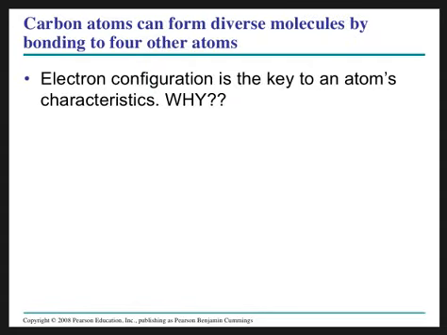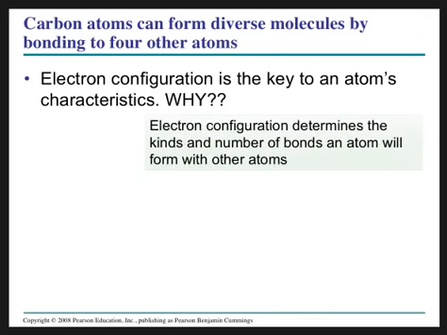So one of the really cool things about carbon that we have to learn is that, I said it was very diverse. It can form very simple molecules or it can form very large, complex molecules. And the question then is, why? What about the electron configuration of carbon allows it to do this? And it's really simple.